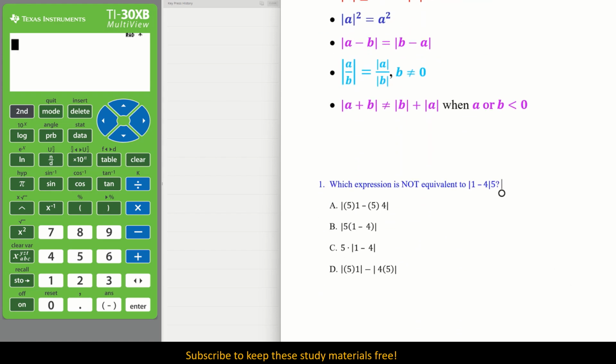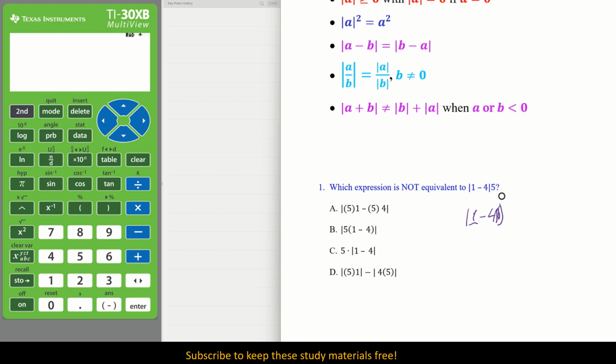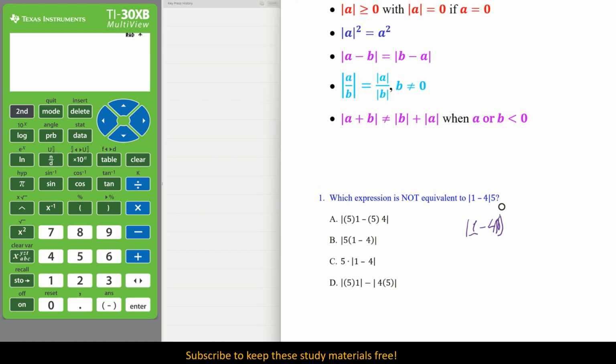Which expression is not equivalent to the absolute value of 1 minus 4, with a 5 after it? Well, that really means that we're going to take that absolute value and then we're really multiplying by 5.